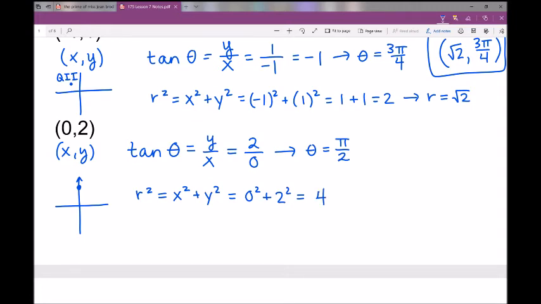And if we square root both sides, we get that r is just equal to positive 2. So now that I have found r and I've found theta, the final thing to do is just to write this as a point. And so that would be 2 comma pi over 2. And so that is the point 0 comma 2 converted to polar coordinates.